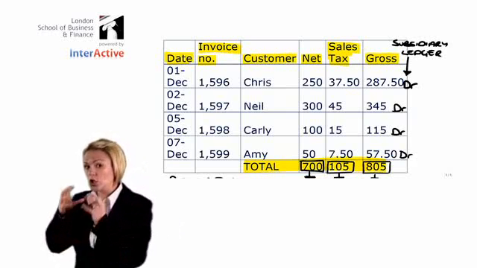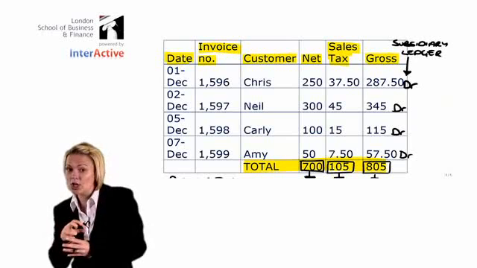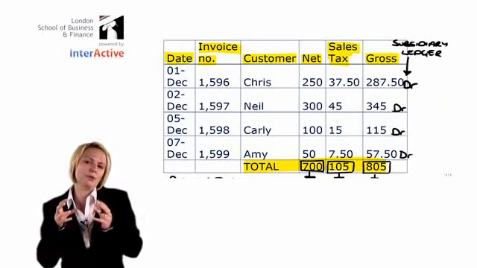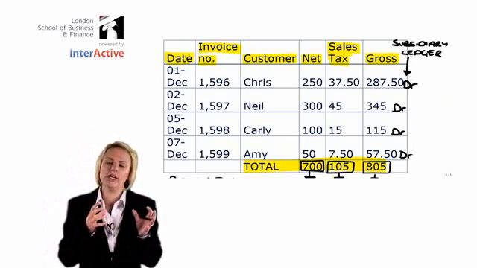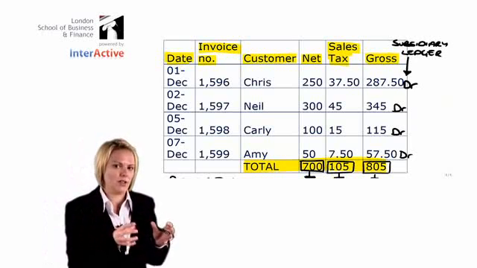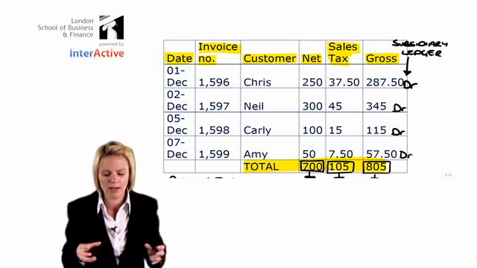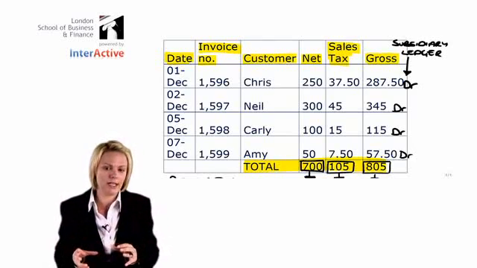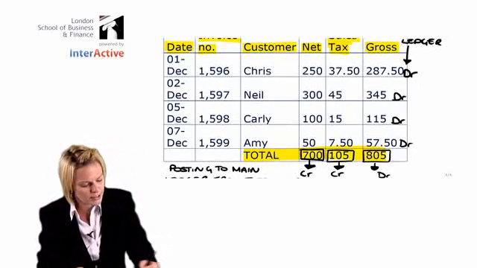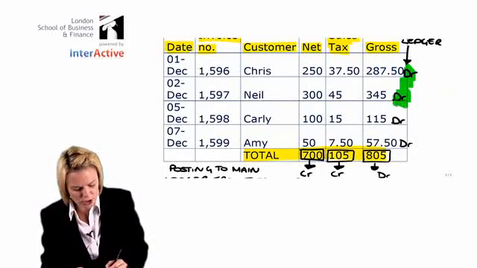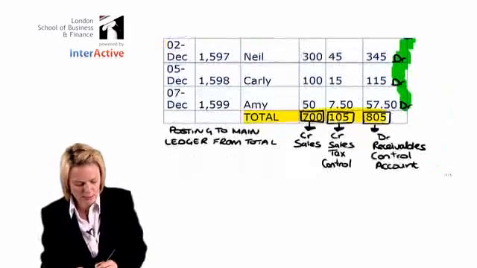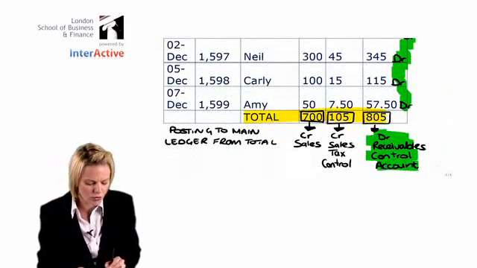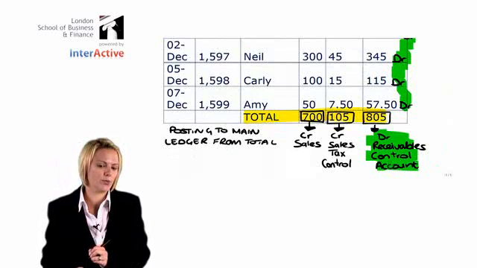Anything you post into the control account in the main ledger must now also be broken down into each individual customer account as well. So, what I thought would be useful is to actually do these postings. The postings to the subsidiary ledger and the posting to the control account for receivables.